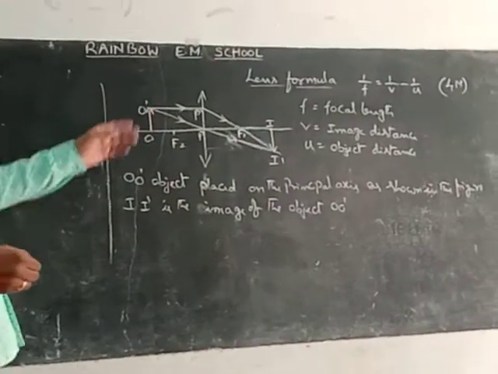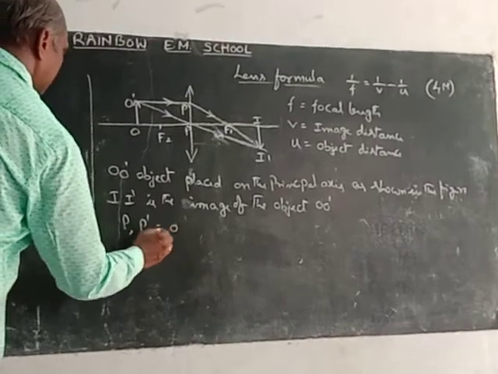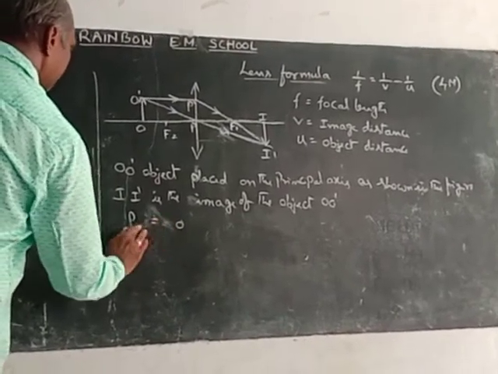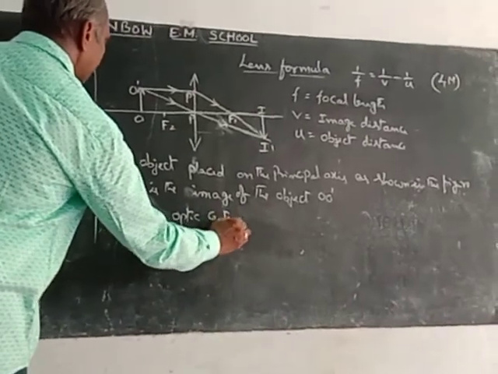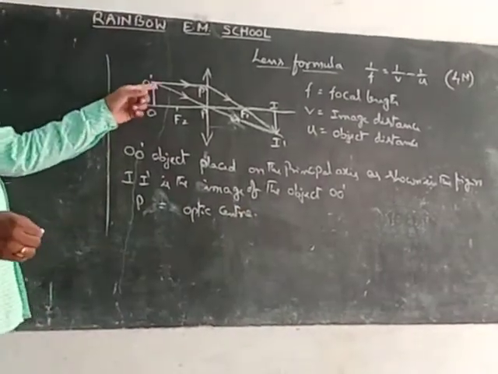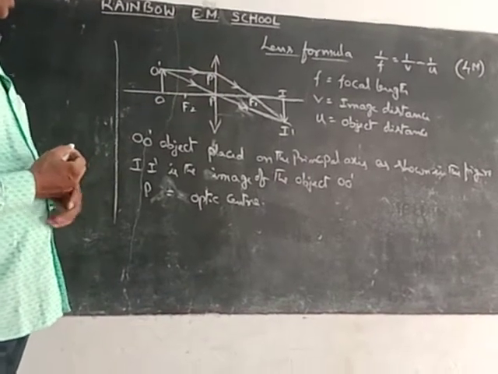What about P and P dash? P is the optic center. The incident ray parallel to the principal axis intersects the lens at P dash.